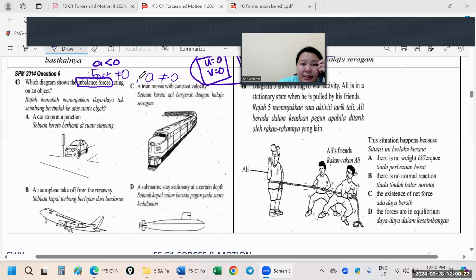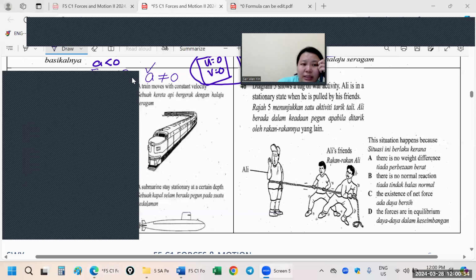You want the things that have acceleration. A car stops means acceleration 0. We don't want this. A plane takes off. Yes, we need acceleration. So answer is B.